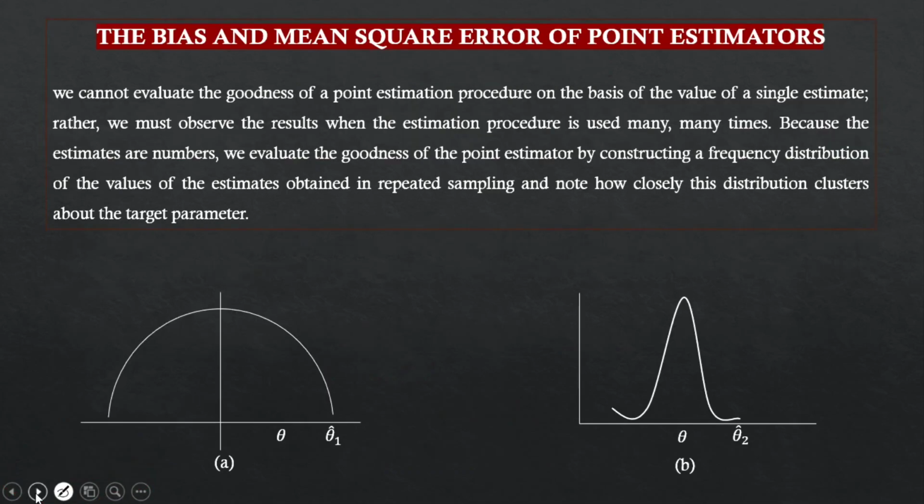Now we come to the bias, mean square error and point estimators. Suppose that a man fires a single shot at a target and that shot pierces the bull's eye. Can you conclude that he is an excellent shooter? Some might say yes, or some, like 1%, say no. Here's the reason why.